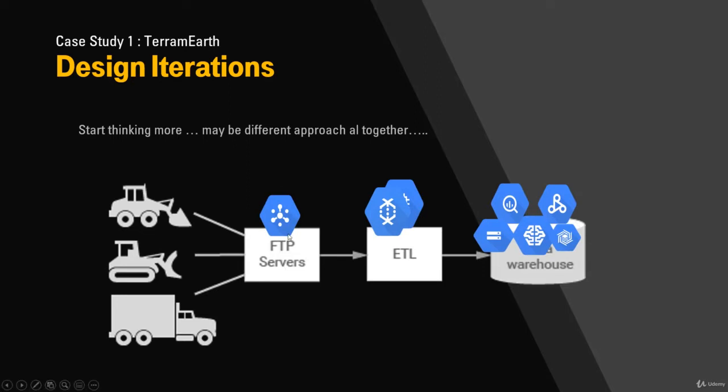Cloud PubSub can take the data from any source. It is a managed service. You don't have to provision the infrastructure. Everything is managed for you, and it is a globally available service, so you can use it across the globe. The customer's requirement is that their equipment is in 100 countries.